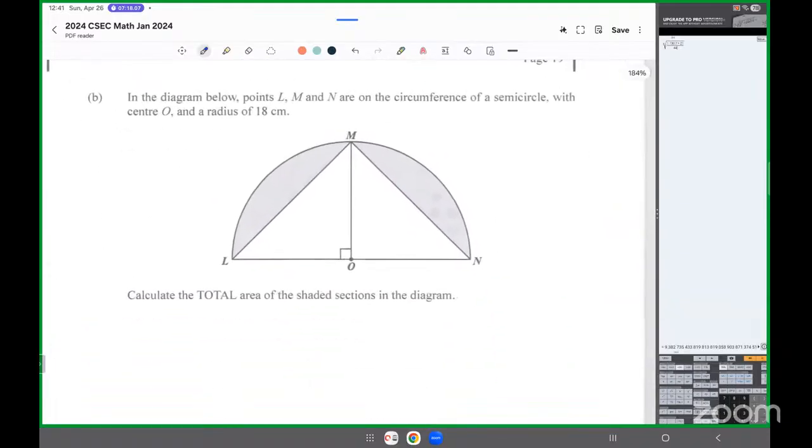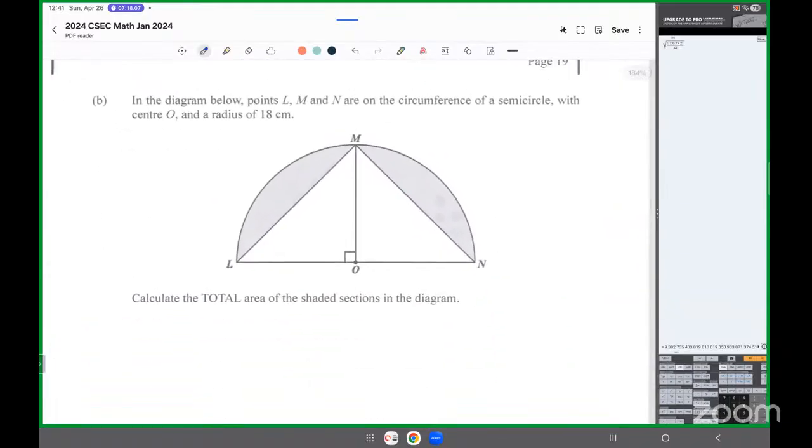Next question gives us this semicircle. It says in the diagram below, points L, M, and N are on the circumference of a semicircle, half of a circle, with center O and the radius is 18 centimeters.